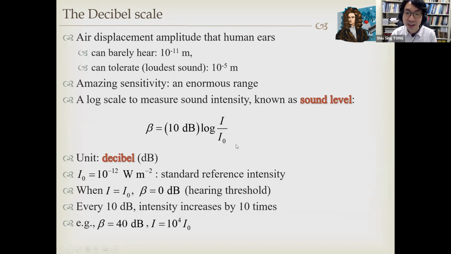Okay, now this is easy to calculate. For example, if your I is 10 times I naught, then that corresponds to log 10, right? Multiplied by 10 decibel.